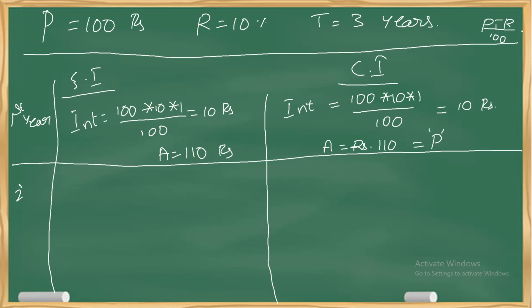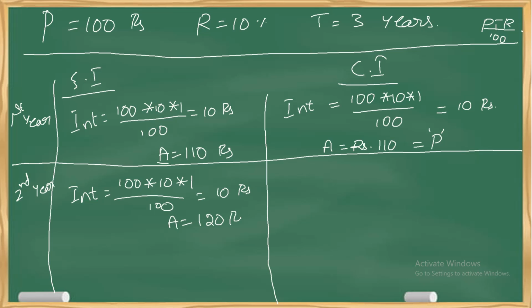So coming to the second year, this is not 2 years, this is second year, which means 1 year only. So again you calculate interest. The amount I have taken from the bank is 100 rupees, 10% 1 year by 100, that is equal to 10 rupees. Previous year I was supposed to pay 110 rupees. This year again 10 rupees extra, so 120 rupees. But here it changes, because now P is not 100 anymore. P is 110 into 10 into 1 by 100.